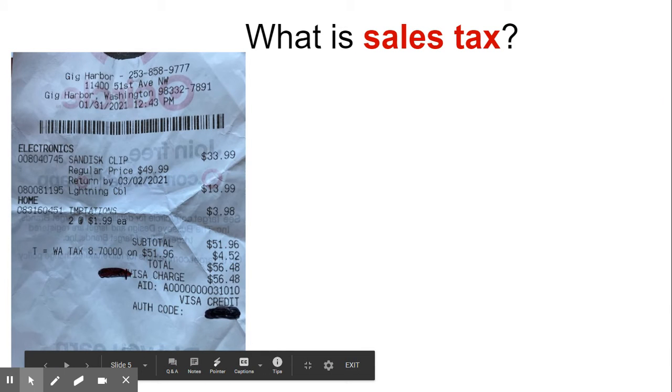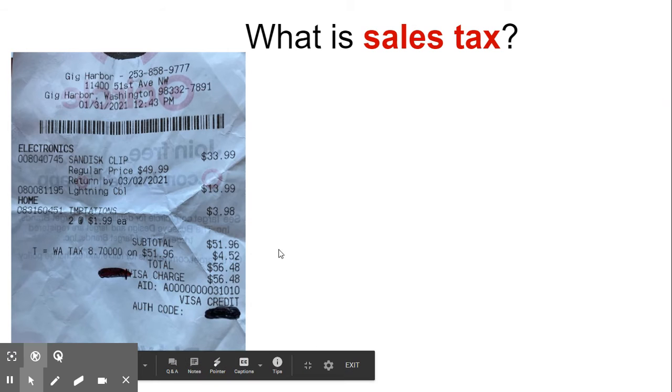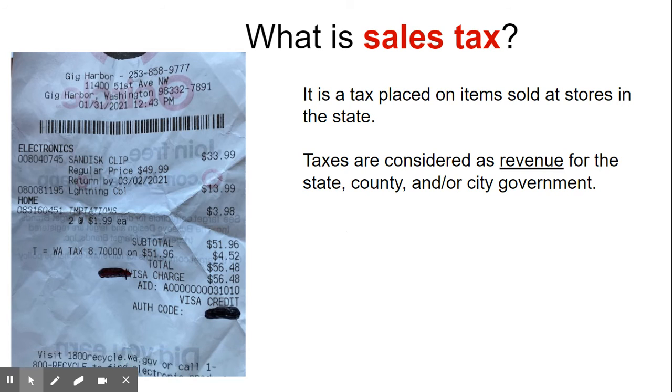All right, what is sales tax? If you go to the dollar store and everything's a dollar, why is it that you have to pay $1.09 approximately when you buy one item? Well, it's because of sales tax. Sales tax is placed on an item that's sold in the stores, and taxes are charged because they bring revenue, or money, in for our state, county, and or city government.